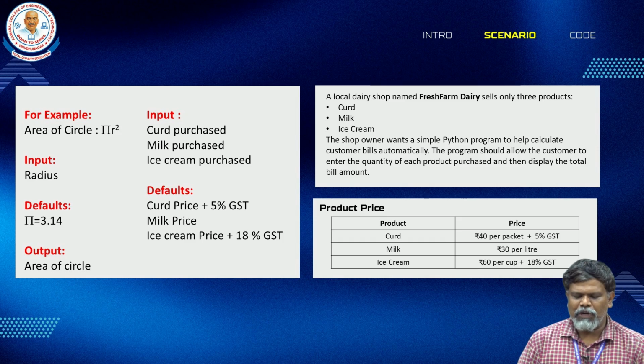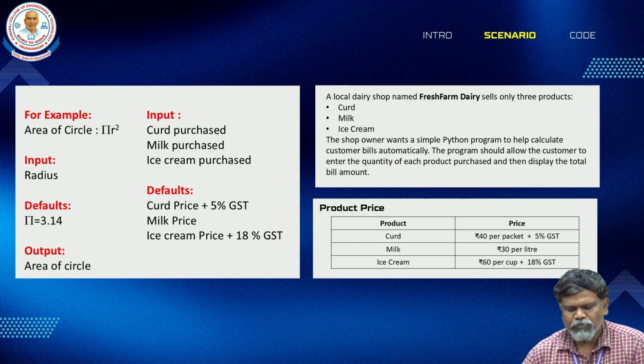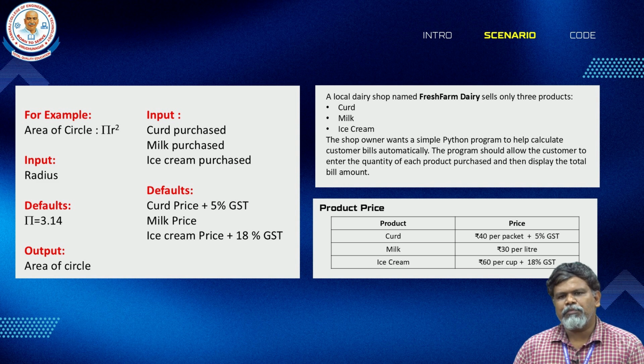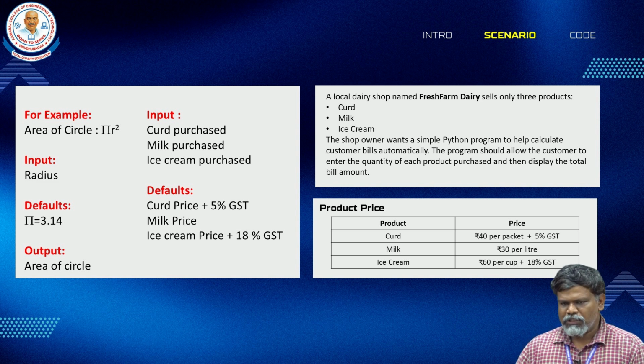Based on this, first we get the input: curd purchased, milk purchased and ice cream purchased. Based on these 3 pieces of information, we are going to calculate the total price of what the customer purchased.